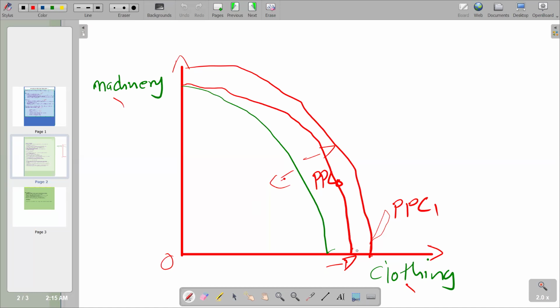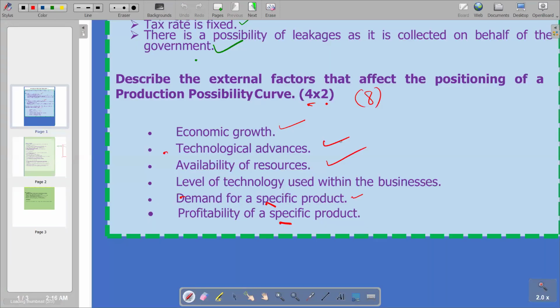If it's an increase in demand, it also shifts outwards, and if it's demand for clothing, it will shift only that side. But machinery is not going to change in terms of the maximum that can be produced, because the profitability hasn't changed, so its production is not going to change. So this is the explanation of the external factors that can affect the positioning of a production possibility curve.